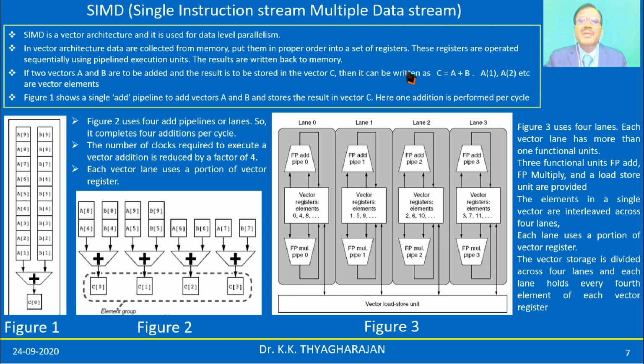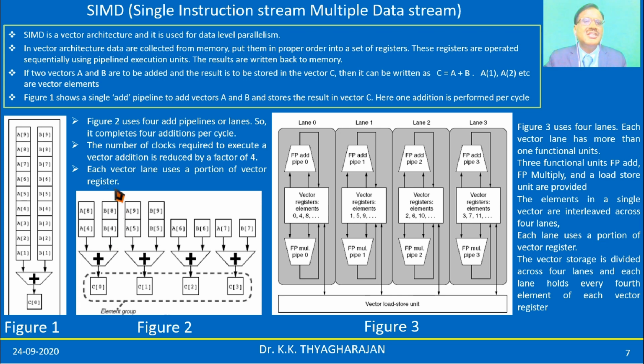So it can be represented like this, that is C equals A plus B, where A1 is the first element in array A, B1 is the first element in array B, A2 is the second element in array A, and B2 is the second element in array B. Now A1 and B1 are passed through the lane to this functional unit, the add unit, and both will be added and stored in C1.